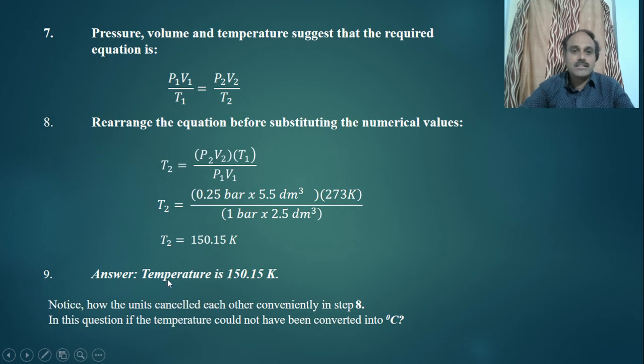So the answer is: the temperature is 150.15 Kelvin. Now I notice that bar and bar get cancelled, dm³ and dm³ get cancelled, and the final unit remains Kelvin. So the temperature unit is Kelvin.